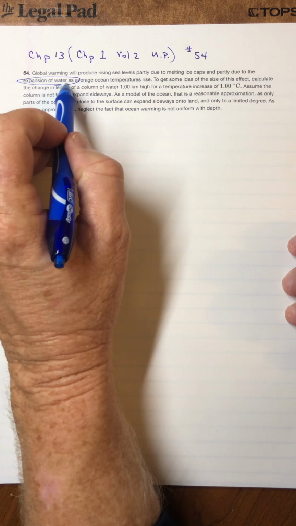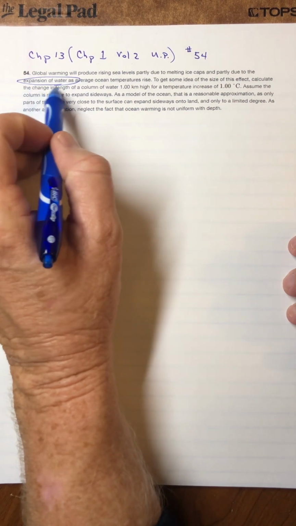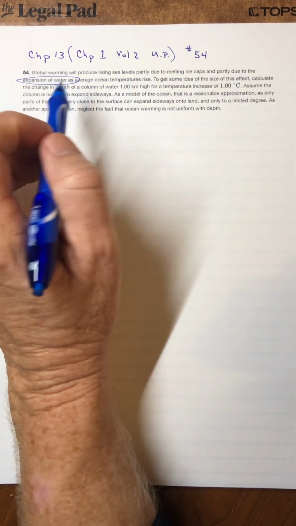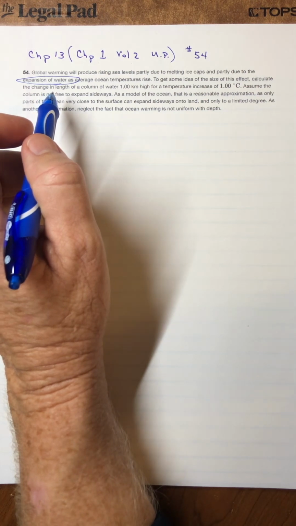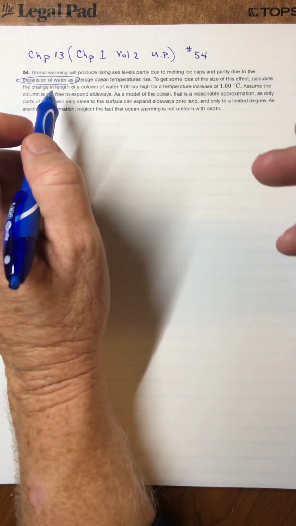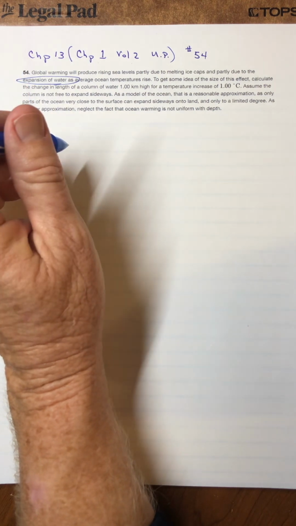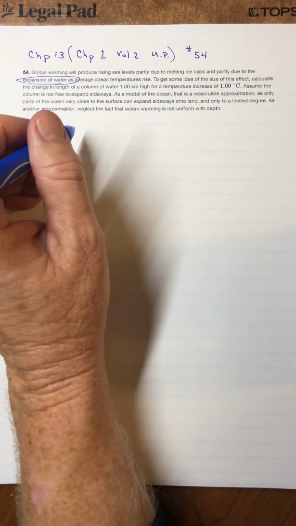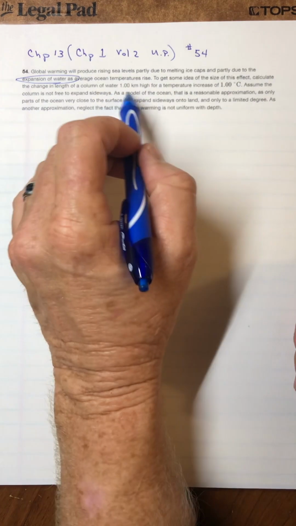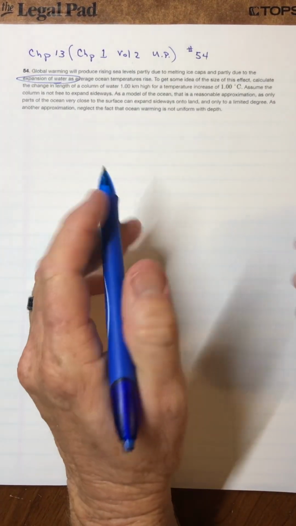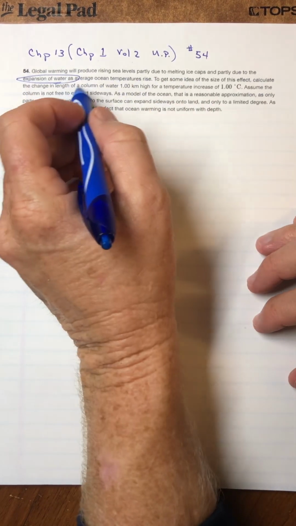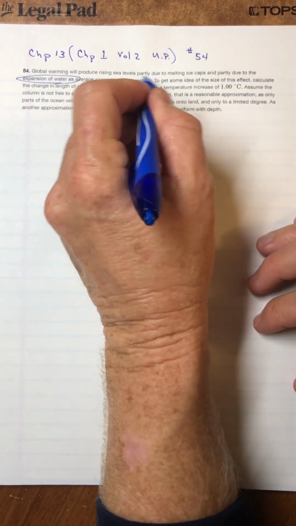But we don't often talk too much about the expansion of water, and it's kind of interesting because probably within the next 5 to 10 years, more of our sea level rise has to do with thermal expansion than it does with melting water. I wish the problem would have said that. It just says partially due.